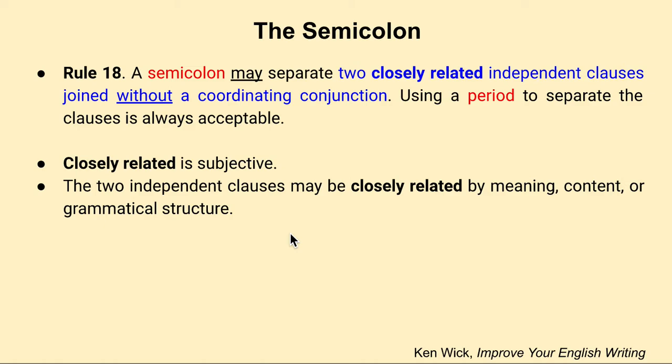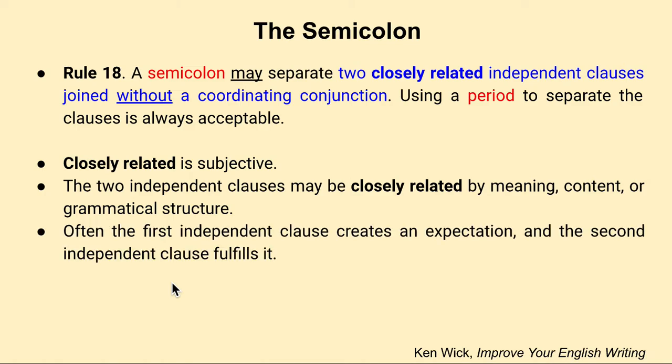Basically, two independent clauses may be closely related by meaning, content, or grammatical structure. When you look through the various style manuals, they mention meaning, content, or grammatical structure as how the independent clauses are closely related, but it is a subjective evaluation.